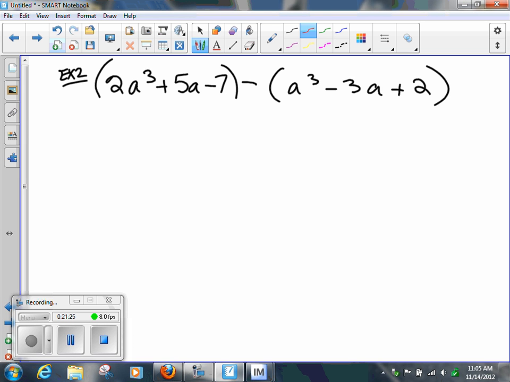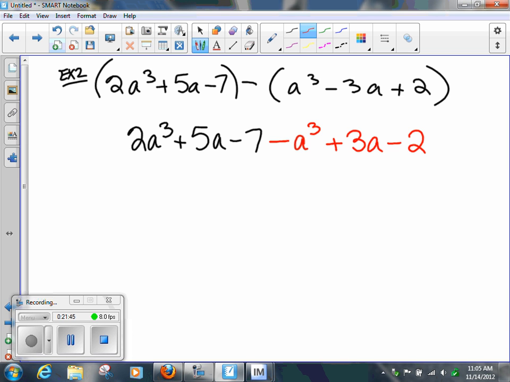I'm going to rewrite it. Some of you are never going to show extra steps, I get that. You make all of these their opposite. I'm going to rewrite 2a cubed plus 5a minus 7 minus a cubed plus 3a minus 2. What did I do? I just distributed that invisible -1, that -1 that's there but not there.